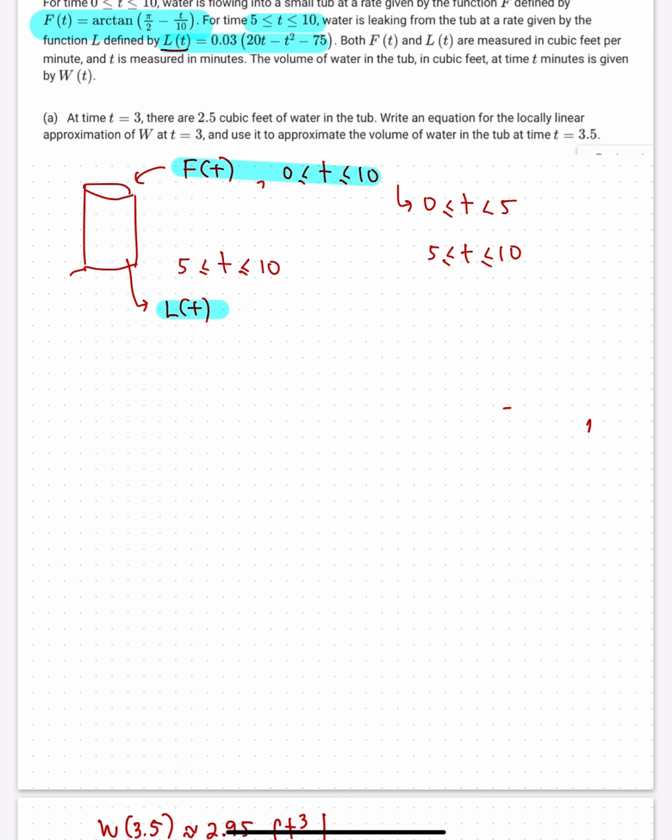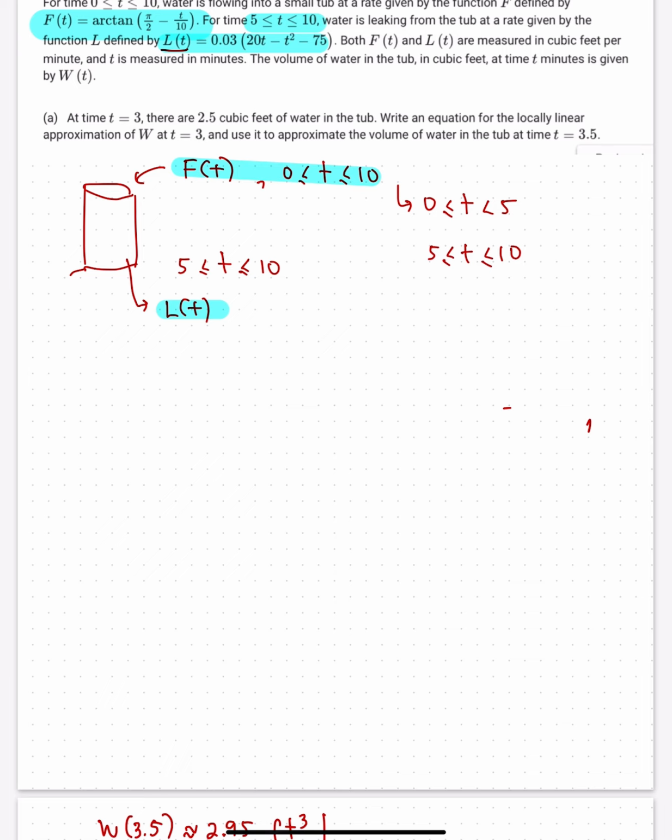So that means we can make a piecewise function of the derivative of w of t. Here w of t represents the volume of the water in the tube, and w prime of t is the rate of water in the tube.